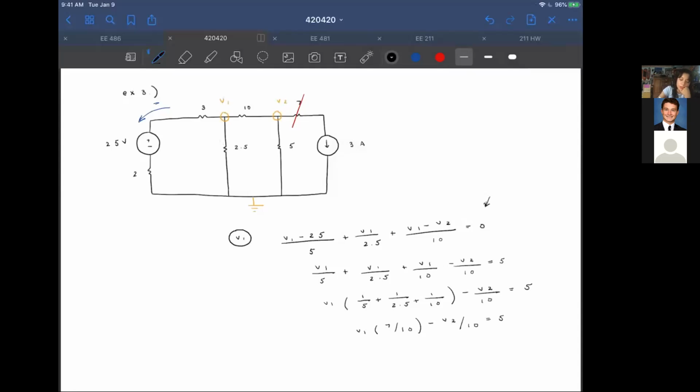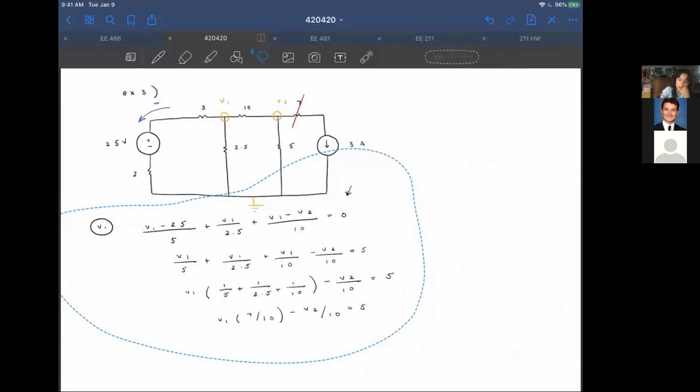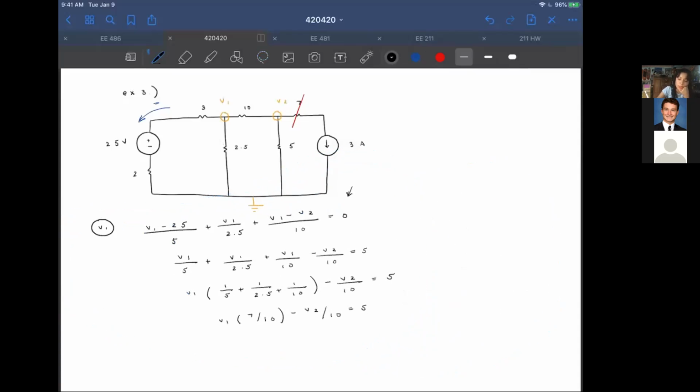The second part is to define what V2 is. With that equation, you'll be able to solve for both of the voltages, or essential nodes. For V2, you use the same concept and just focus on this part of the circuit.